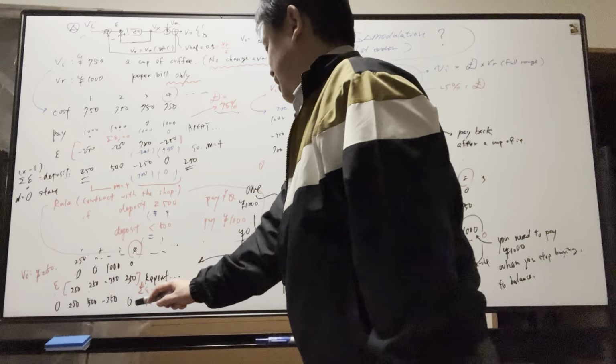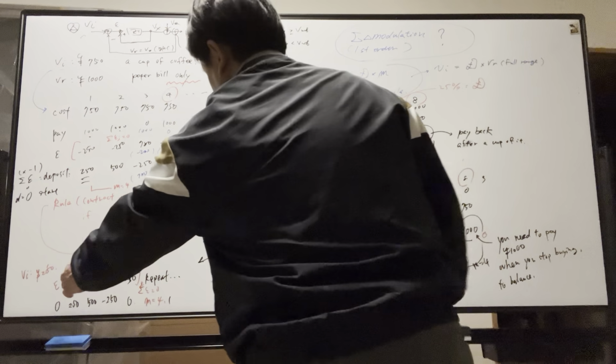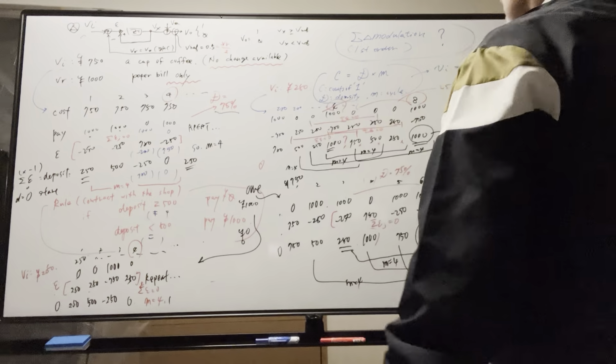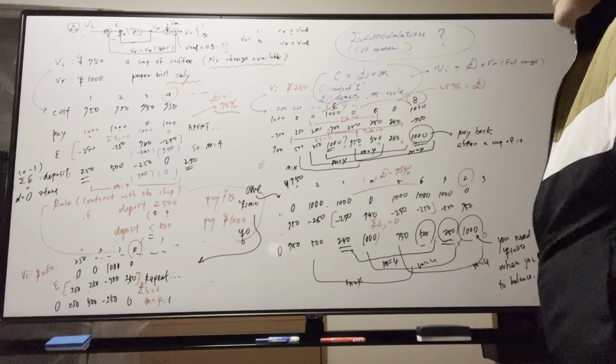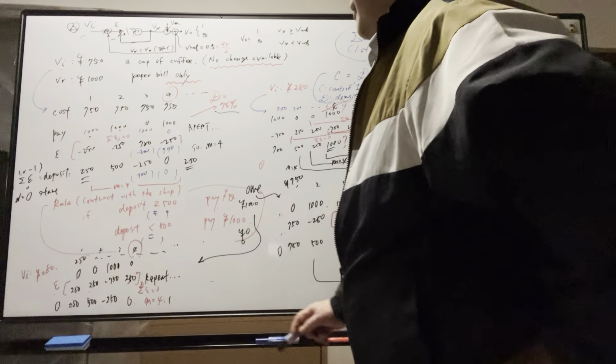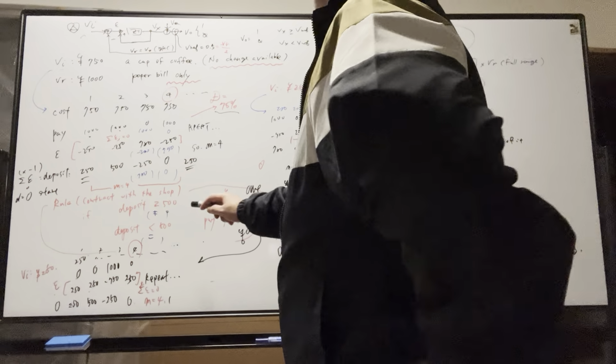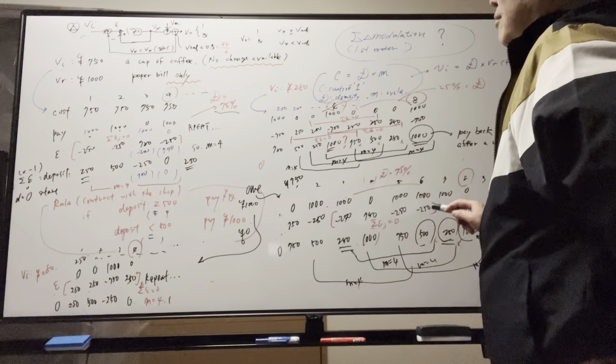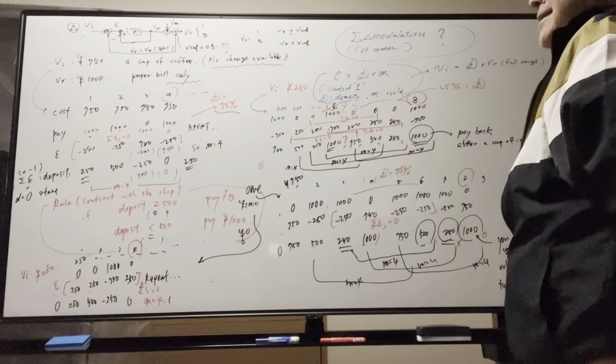Every time it's balanced, and the summation of the error goes to 0 each time. So you need to select rules, deposit rule or owing rule, appropriately.